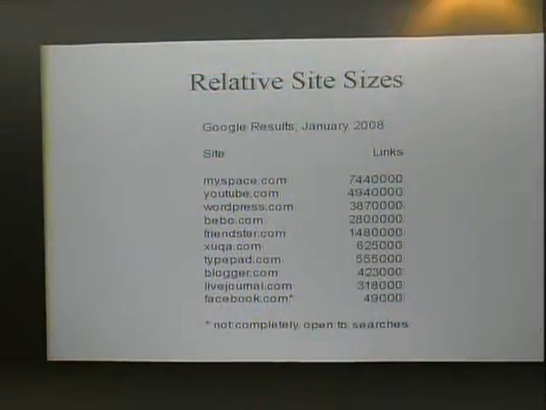These are not scientific results. Most of these sites don't broadcast exactly how many profiles they have, and if they do, they're not going to release it at the same time. So this is just to give you a feel for scale, right? You can see how much bigger MySpace is, almost twice as big as the next one down for hits on Google.